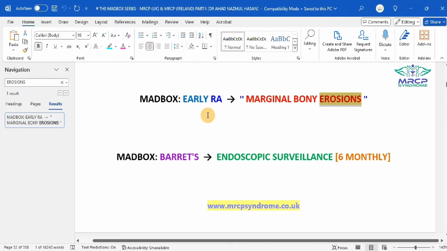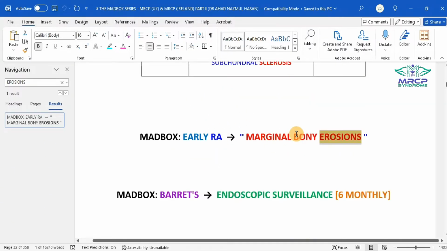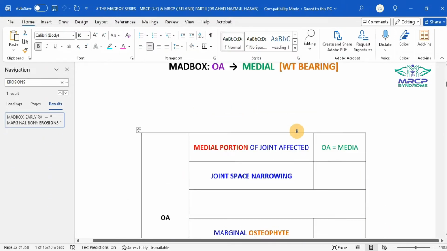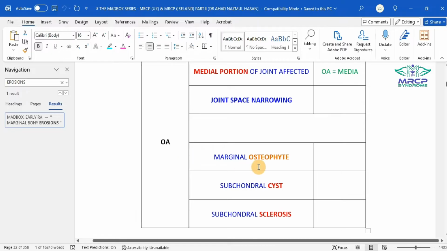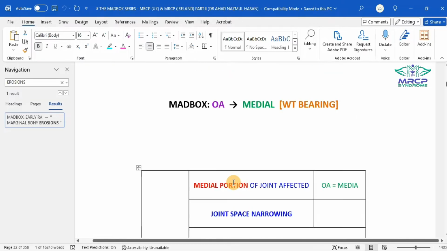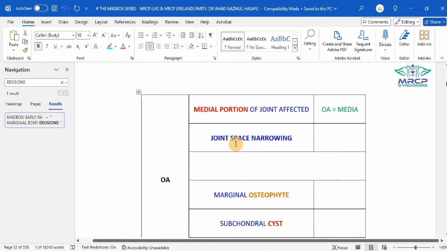So in case of early rheumatoid arthritis, we'll get the features of marginal bony erosion. And in case of osteoarthritis, we'll get the marginal osteophyte, subchondral cyst, subchondral sclerosis. And there will also be the joint space narrowing. Joint space narrowing is always present in case of osteoarthritis.